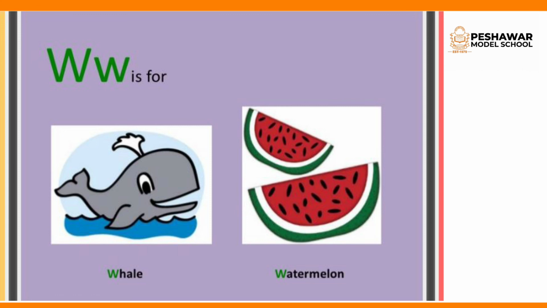The first word is whale, W-H-A-L-E. In whale, the initial sound is V and the final sound is A. Second example, watermelon. In watermelon, the first letter is W, so the initial sound is V, and the last letter is N, so the final sound is N.